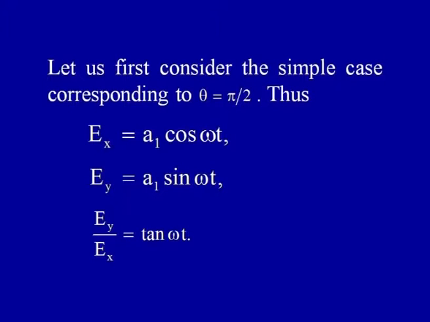Remember A1 is equal to A2. Ex has a cos omega t and Ey has a sin omega t. The phase difference is pi by 2. Ey upon Ex comes out to be tan omega t.